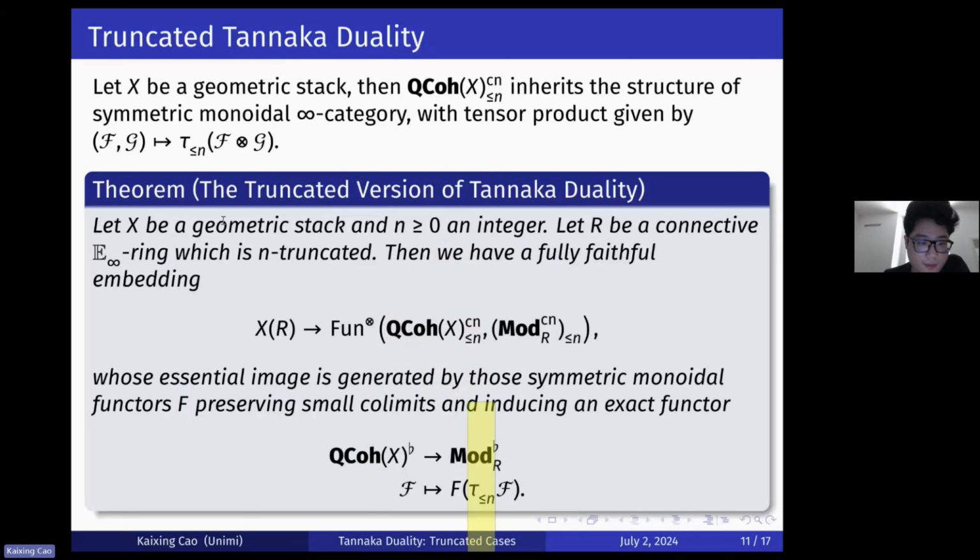But if here we start from a geometric stack which is untruncated, then we don't need to take this truncation, and it's reasonable, because it means that the untruncated part of the quasi-coherent sheaves of X can recover the untruncation of X.